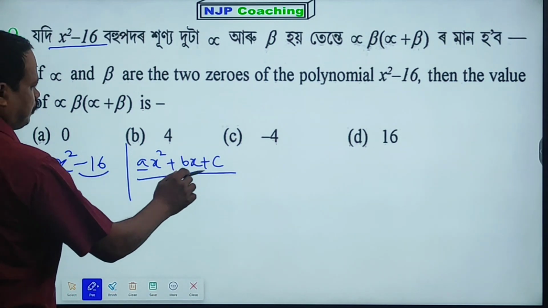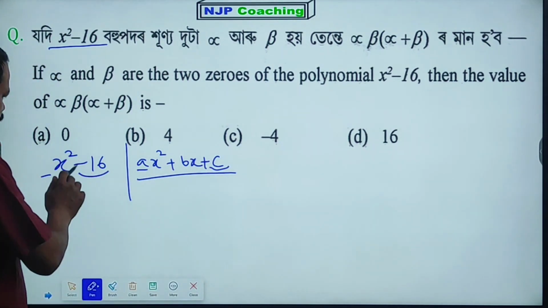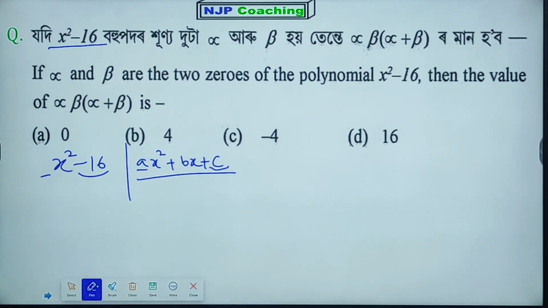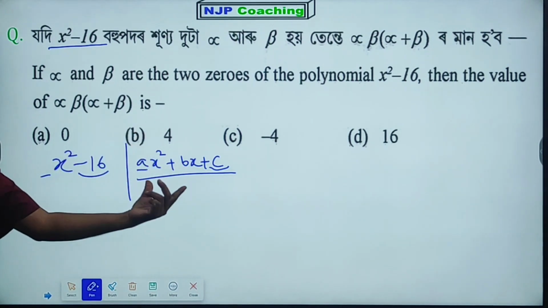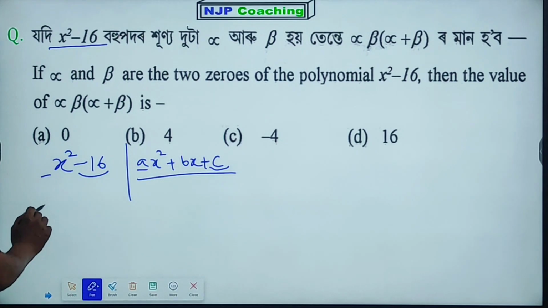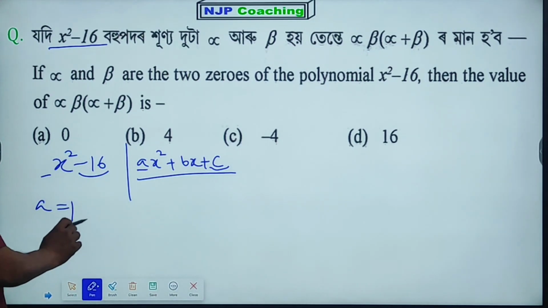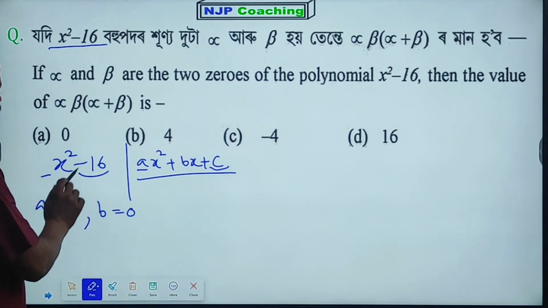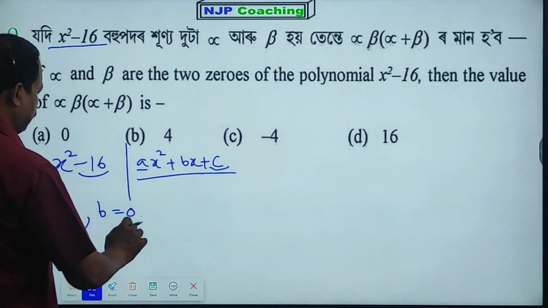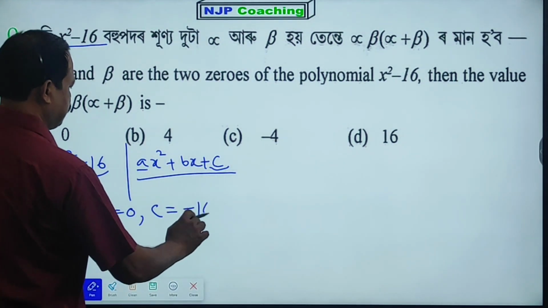This minus 16 means c, and the b term is missing here. So what is b? b equals 0. If we compare this quadratic polynomial and this quadratic polynomial, value of a equal 1, b equal 0 since the x term is not here, and c equal minus 16.